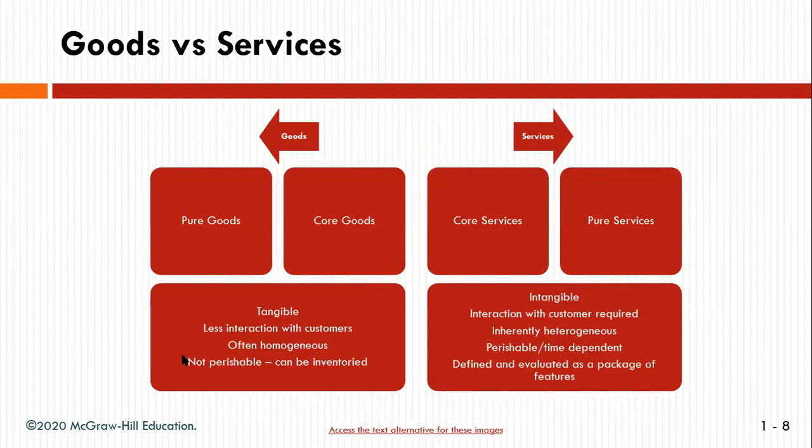As an example, products are usually tangible, so they need less interaction with the customers, and are often homogeneous. They're very similar, and if they're not perishable, they can be put in a warehouse.